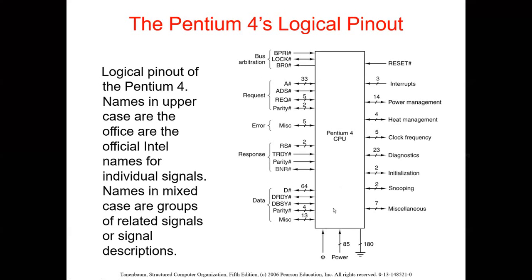Data is a pin for data input or output. And interrupt level, power management, heat management, clock rate, clock frequency, diagnostic, initialization, snooping. Snooping is for snooping the bus, related to write through or write back. I think that's more advanced. If your teacher doesn't teach that, I would just bypass it.